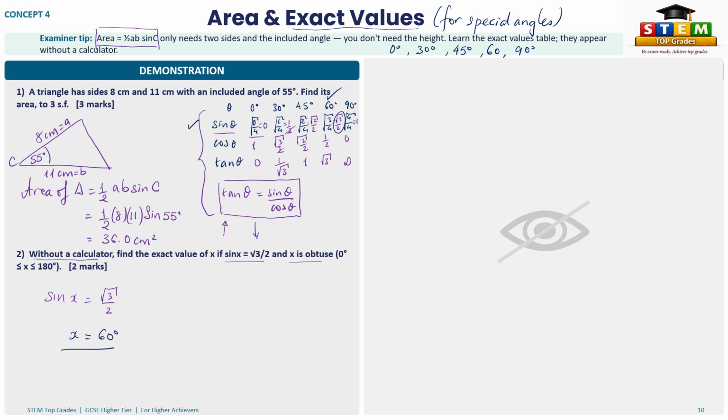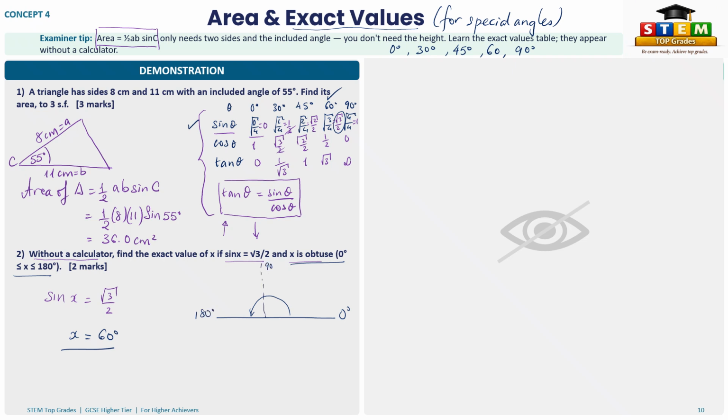Now, you might think that this is the answer, but it's only part of the answer because it tells you the angle lies between 0 and 180. So that's where x goes from 0 degrees, all the way to 180 degrees, and I'm going to draw a dividing line here.